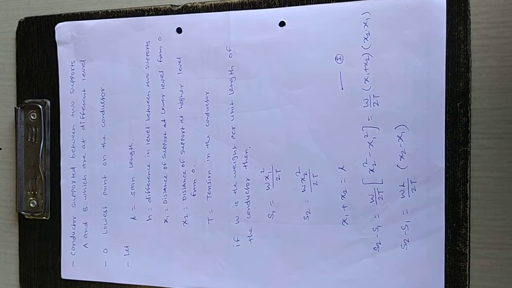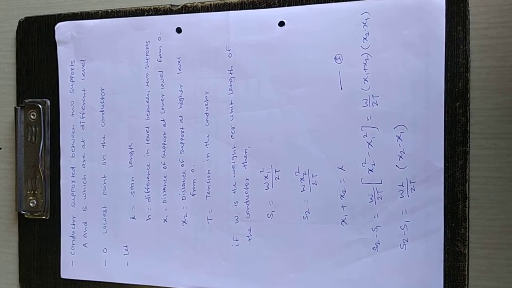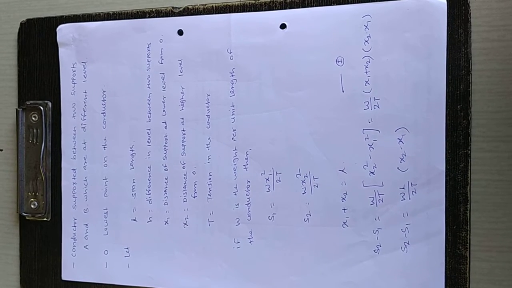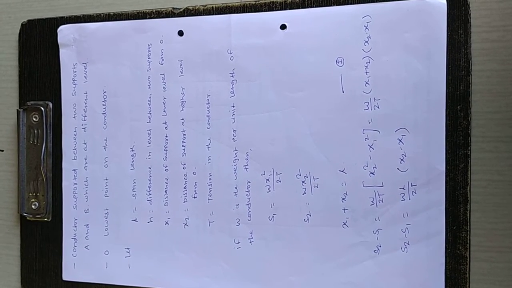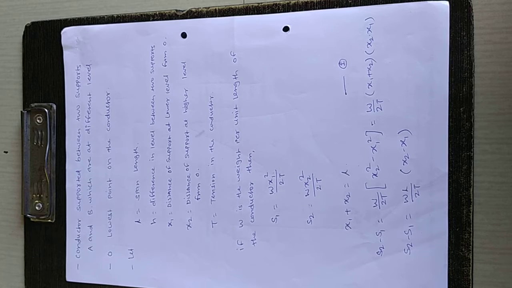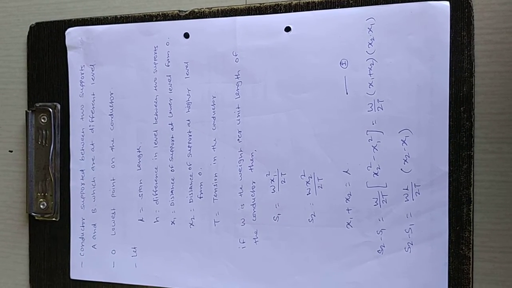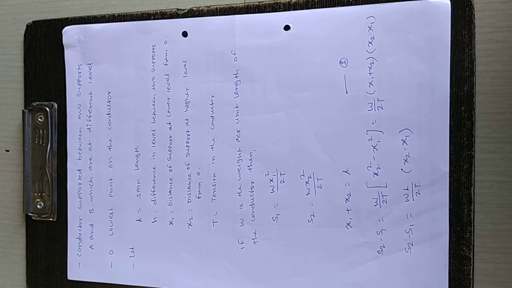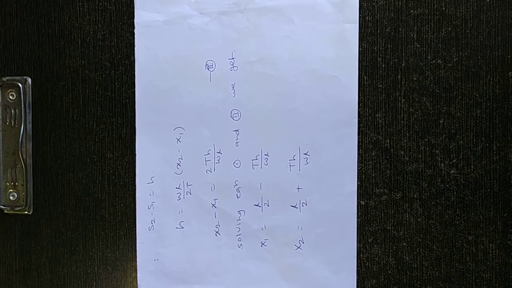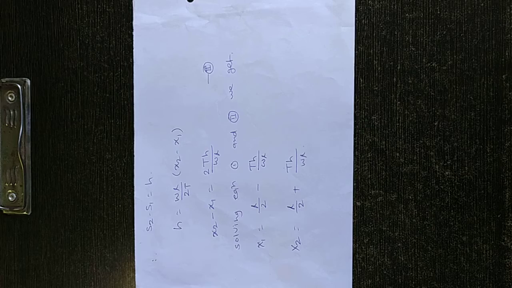Expansion of x2 square minus x1 square is x1 plus x2 into x2 minus x1. Then we know that x1 plus x2 is L. Put the value of this, then we get the next equation. Know that S2 minus S1 is equal to H.